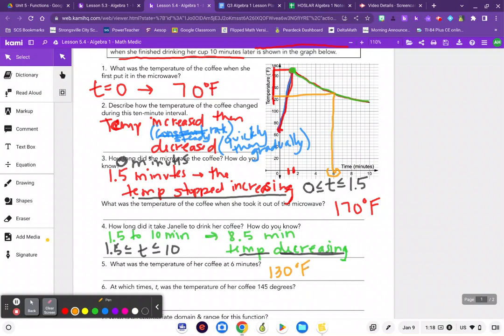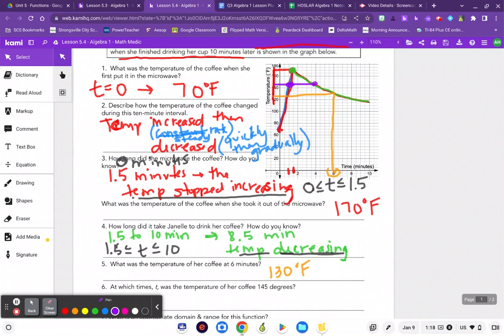At which time t was the temperature of our coffee 145 degrees. So now I know the temperature, 145, which it's going to be tough to get in here, but let's see. 145 is right in here. And it looks like I crossed twice, right? I crossed this graph here and I crossed this graph here.